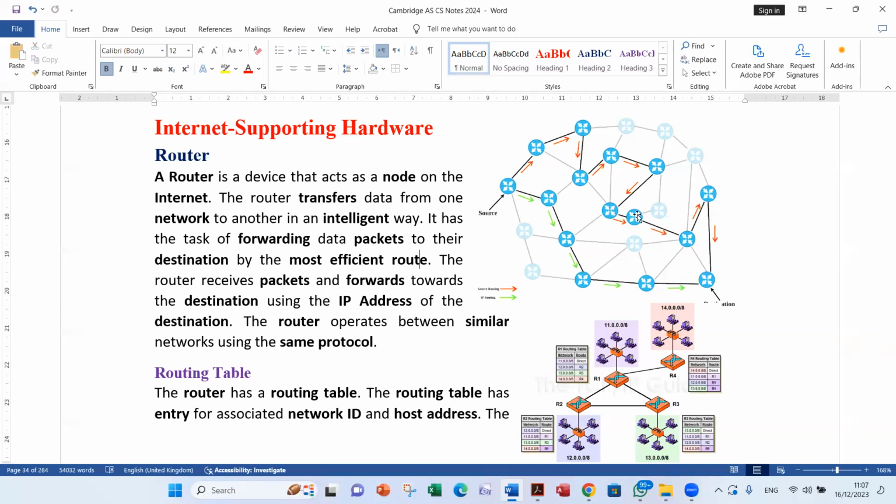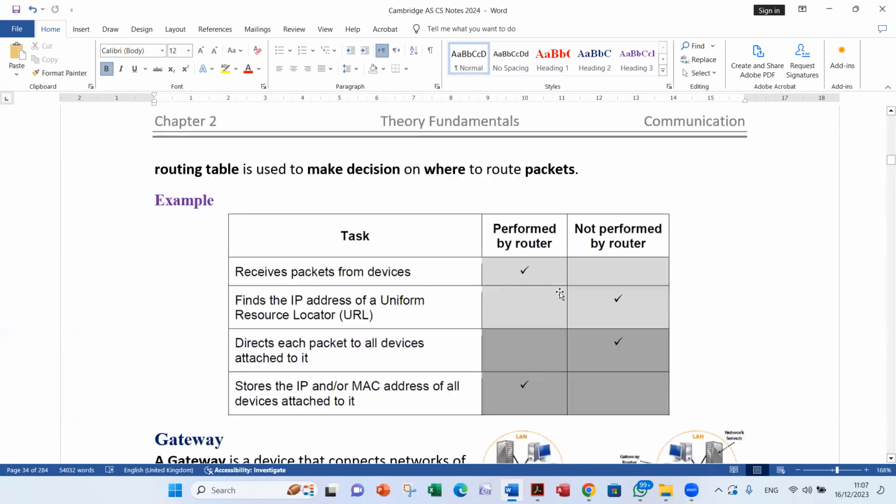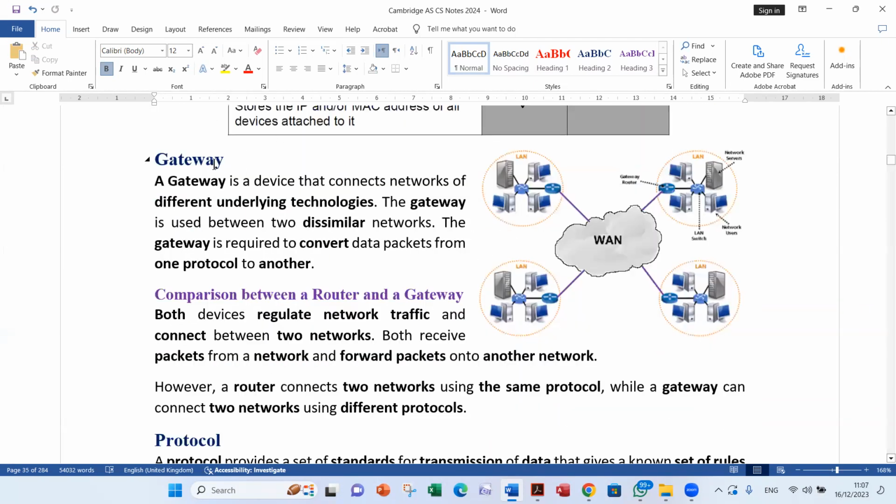The gateway router at your home is connecting your local area network with the internet. The local area network at your home has Ethernet protocol. The internet network has Internet Protocol. So they are two different networks of two different protocols. Then we put the gateway.